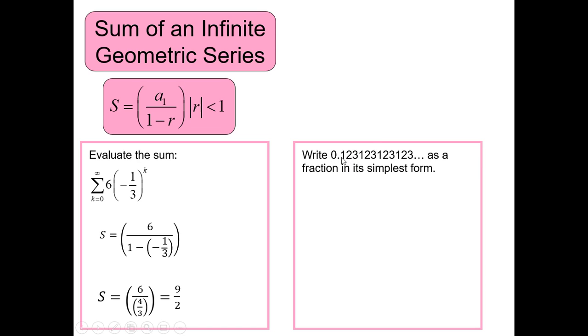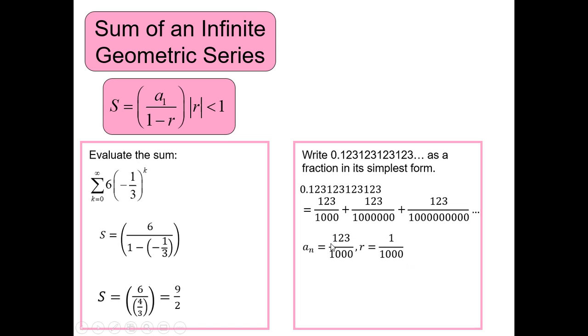I've got a repeating decimal here, 0.123 and so on. Write this as a fraction in simplest form. Well, we can break this into threes here. And what's it going to look like? It's going to look like 123 over 1,000 plus 123 over a million plus 123 over a billion, and so on. Okay? So what is my a sub 1 in this case?